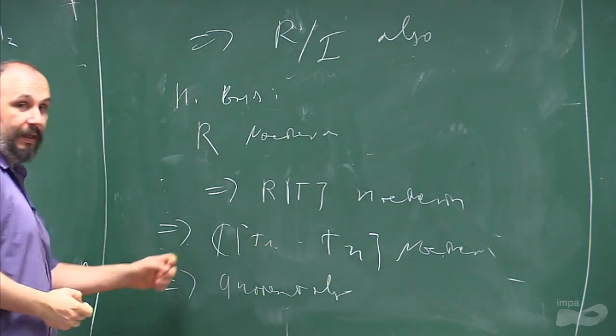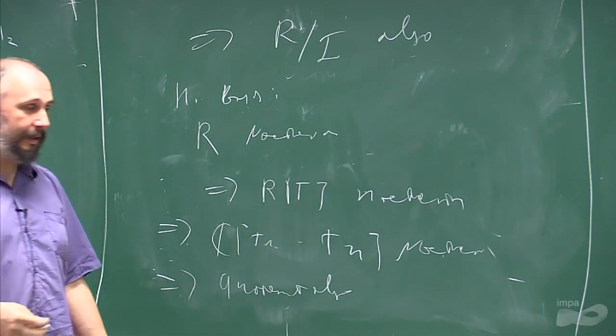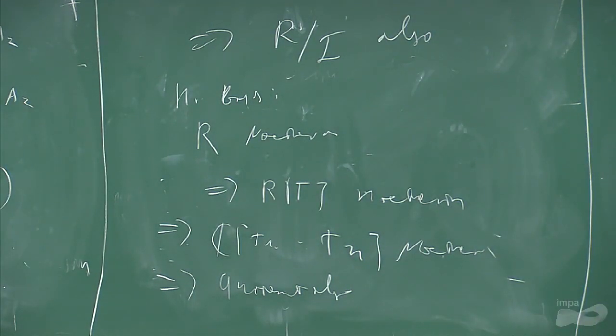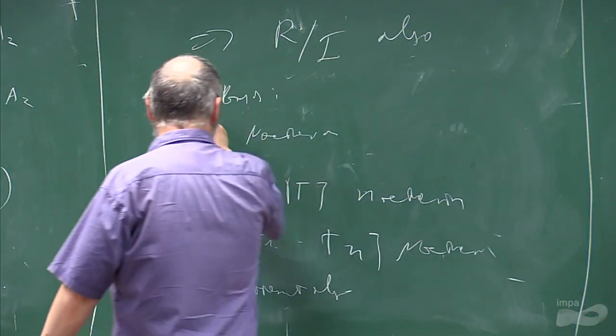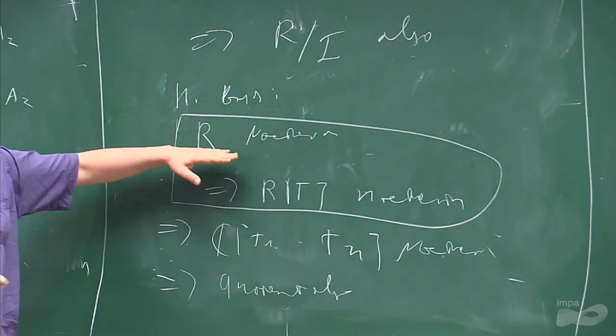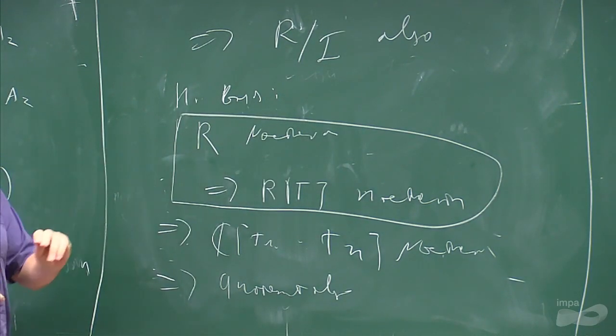Of course, you can put Z here because Z is Noetherian. It's easy because Z is a principal ideal ring. So what I'm going to prove is just this implication. This is the only non-trivial part in the whole Hilbert basis theorem.